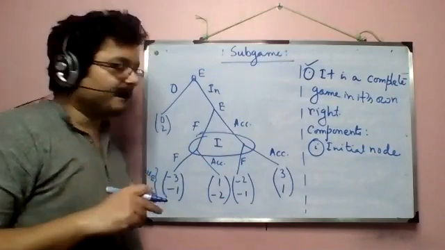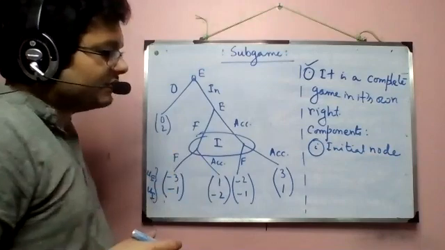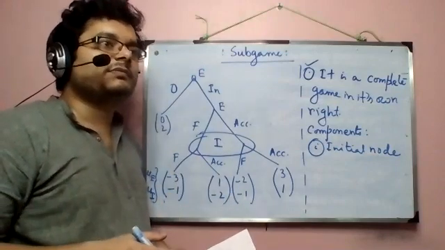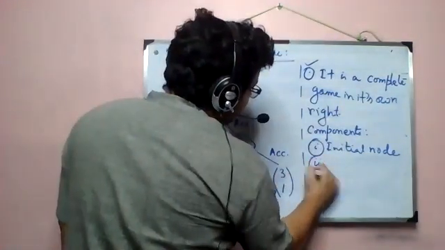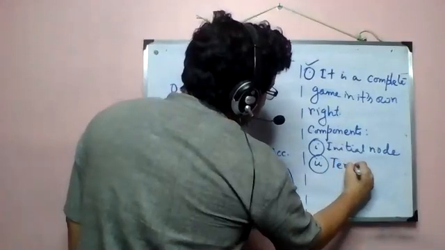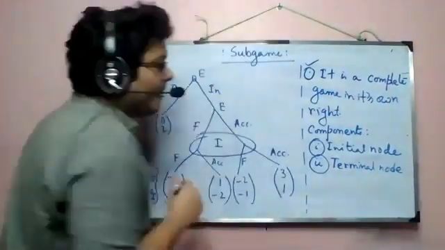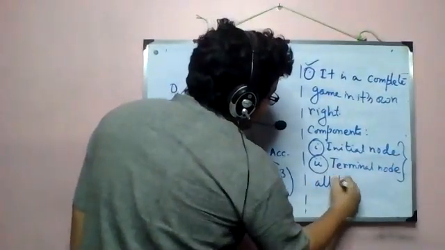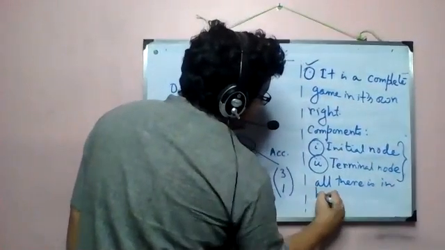We will see how it helps to distinguish between what partition is a subgame and what partition is not. So we need an initial node, and number two, we need a terminal node, beyond which we will have the payoffs. And obviously, we need all there is in between.